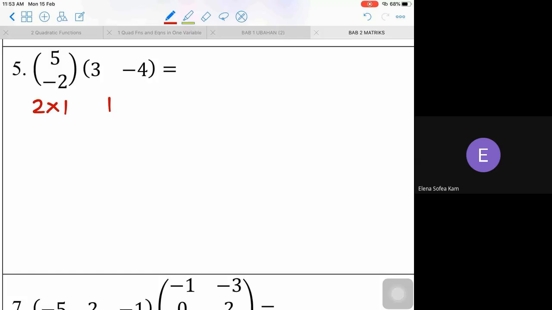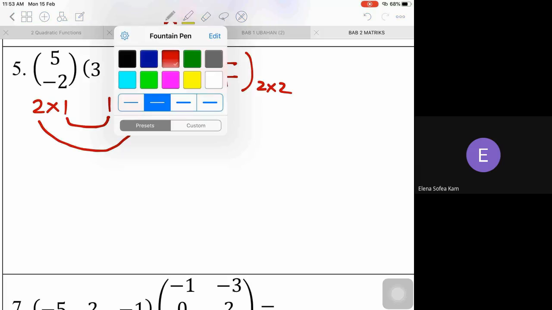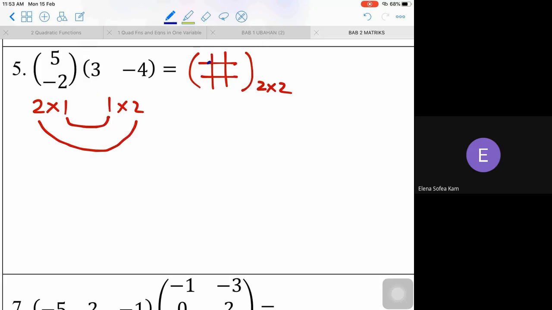Second matrix is 1 row, 2 columns. So this one is the same, and the product is 2 times 2. 2 times 2 means 2 rows, 2 columns. So how many answers here do we have? 1, 2, 3, 4. We have 4 elements.